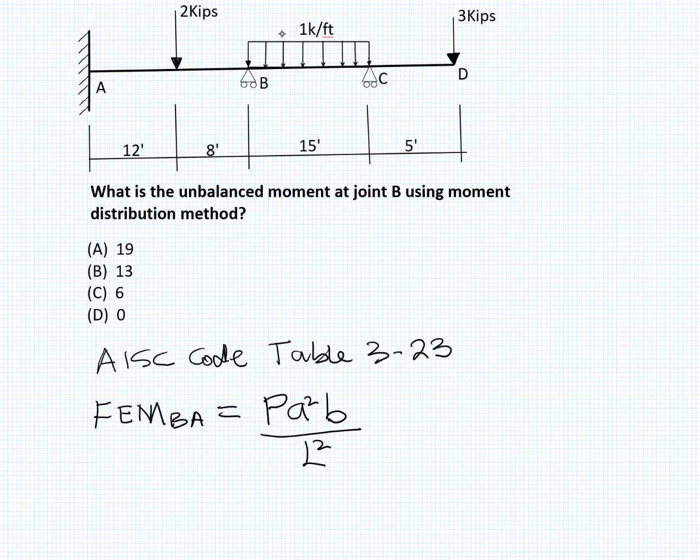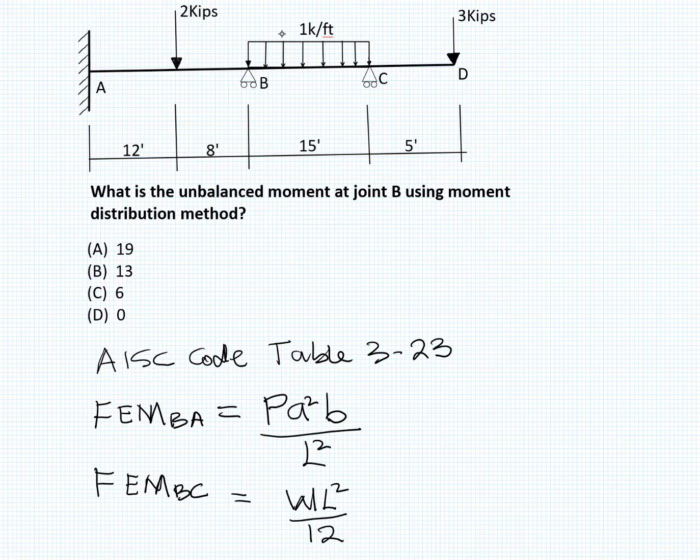Now for the right side of joint B, we'll have a distributed load, and the free end moment at B considering the load between B and C, which is a distributed load, is given as W L squared divided by 12.